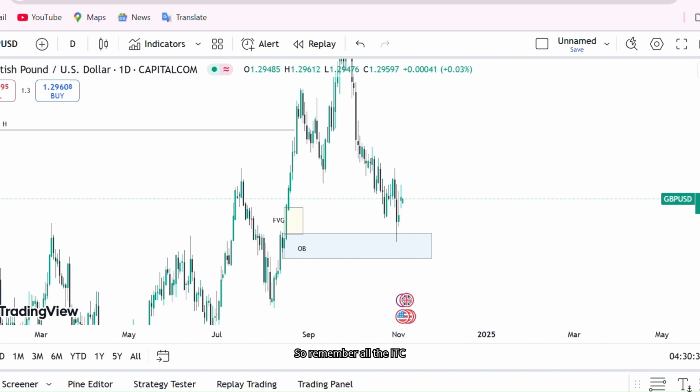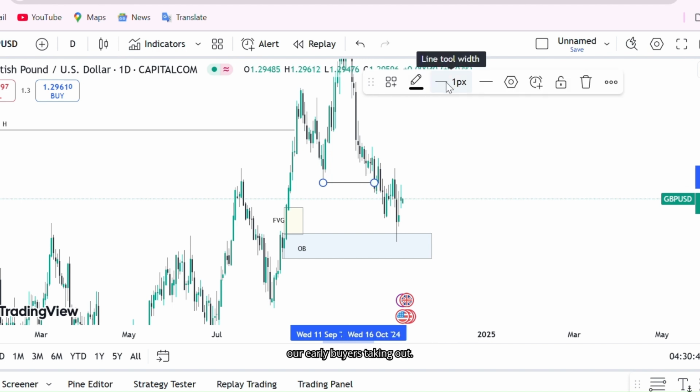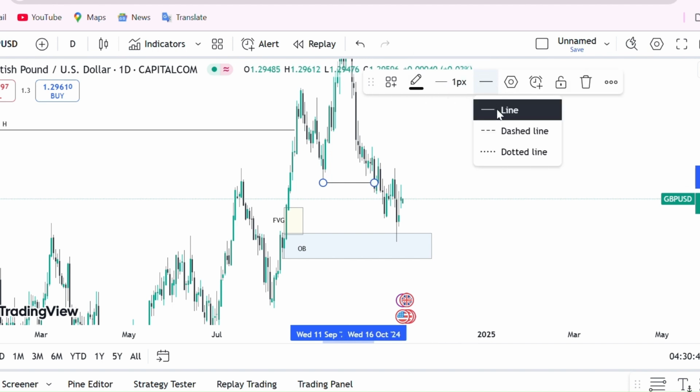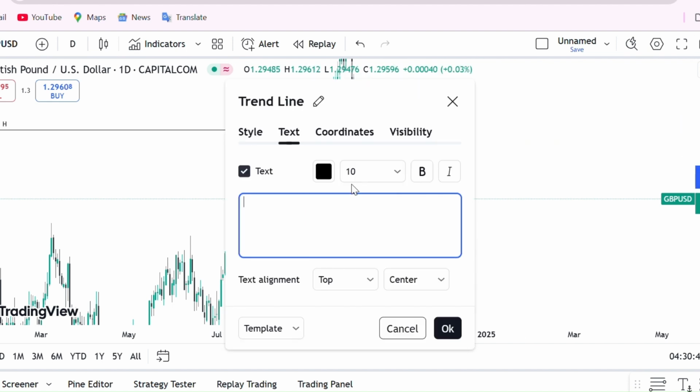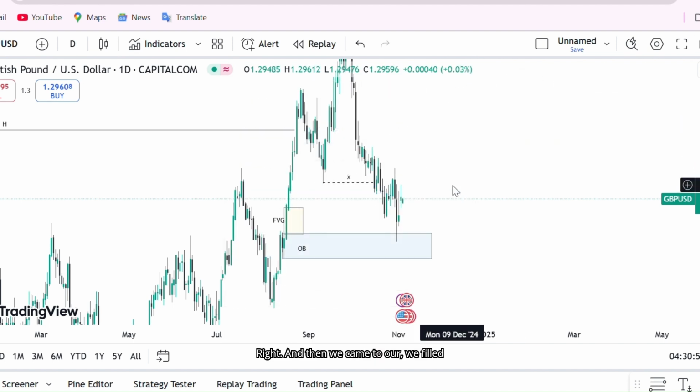So remember, all the ICT concepts are still applying here. We have our early buyers taken out, right? And then we filled our fair value gap, and then we reacted on the order block, right?